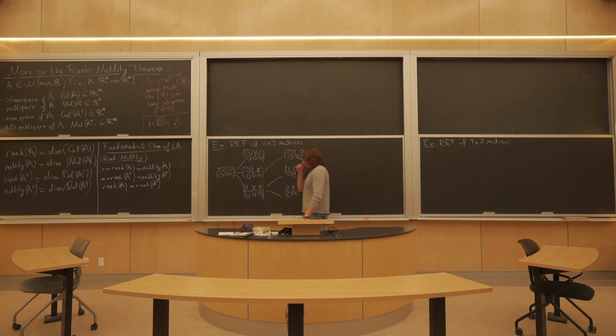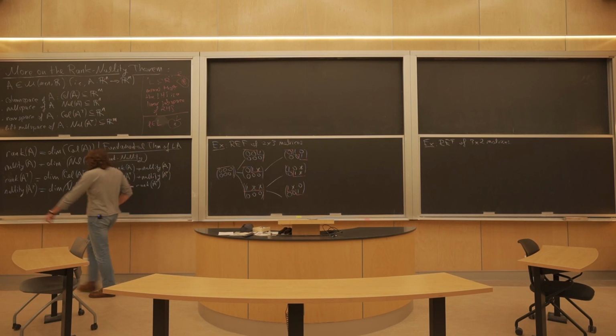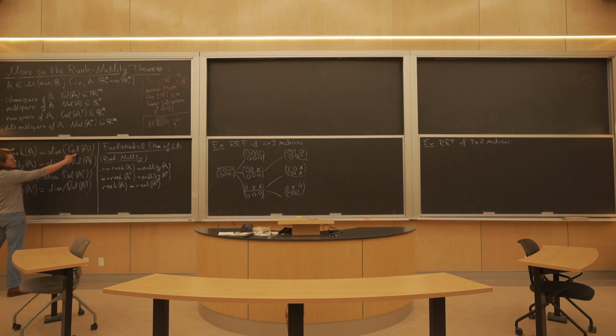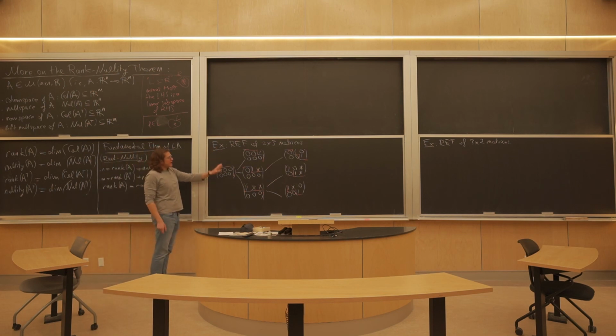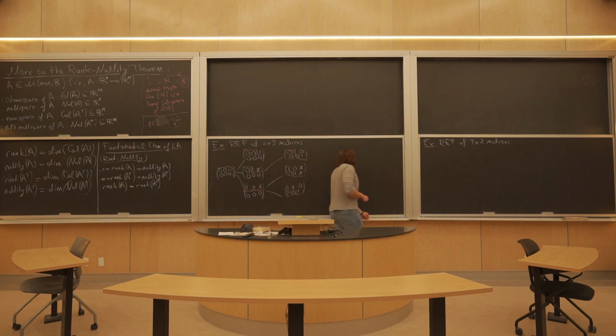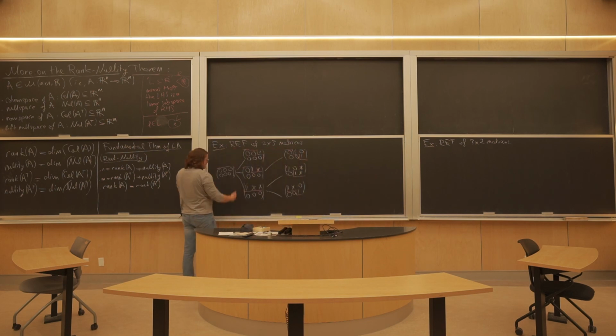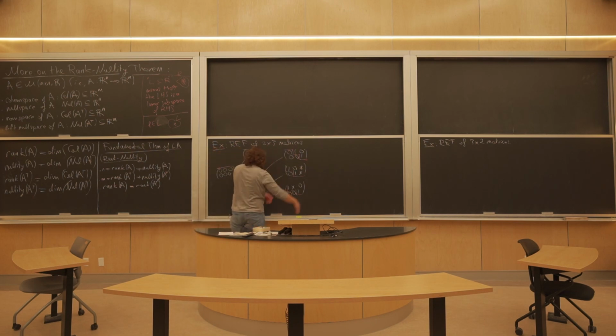Now recall that we said that this rank, that is to say, the dimension of the column space, is the number of pivot columns in the reduced echelon form, which means that this has rank 0, no pivot columns, rank 1, rank 1, rank 1, rank 2, rank 2, rank 2. So this is like rank 0 piece, rank 1 piece, and then rank 2 piece.